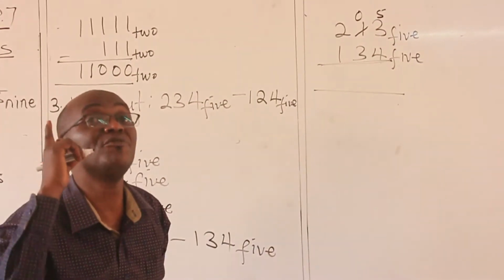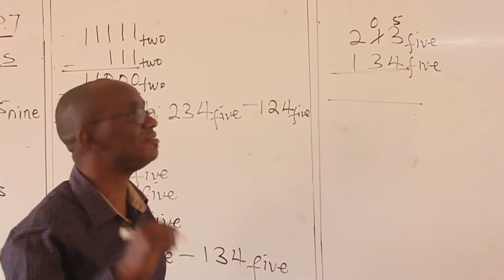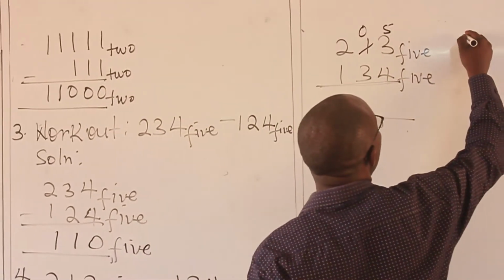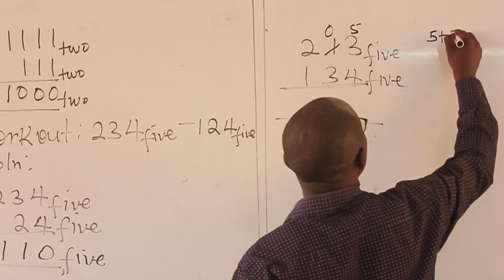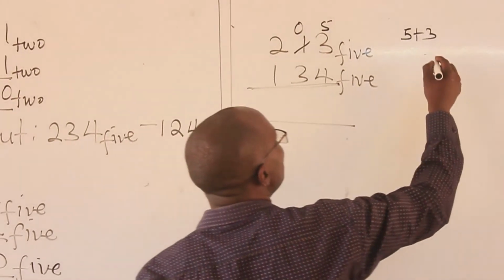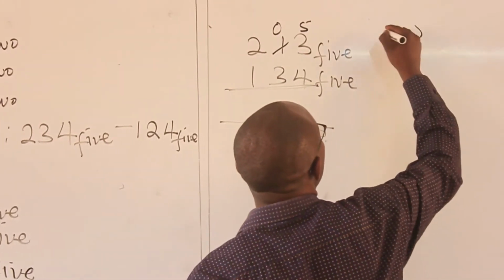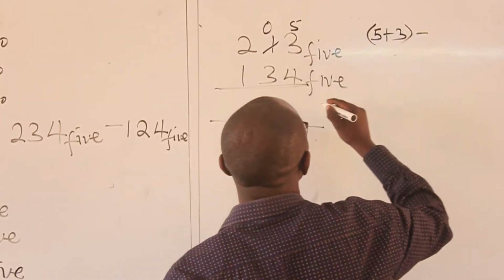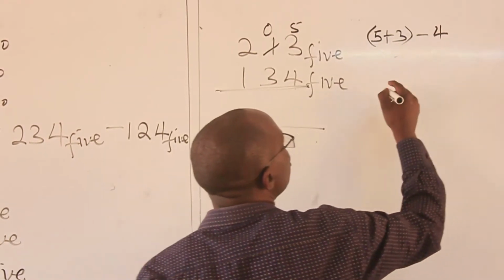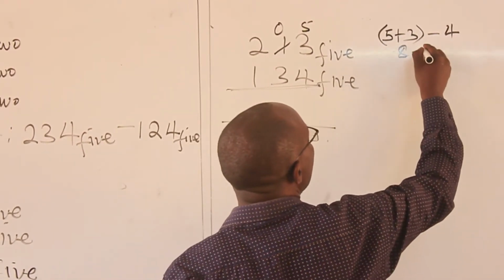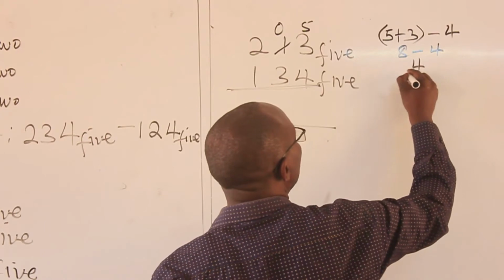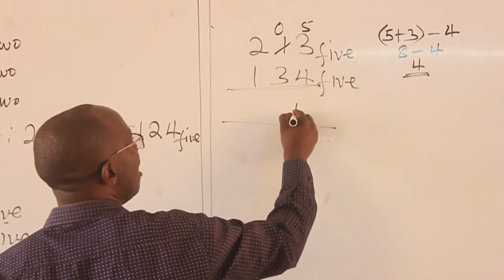So 5 plus 3 minus 4. I get 8 minus 4, and that is 4.